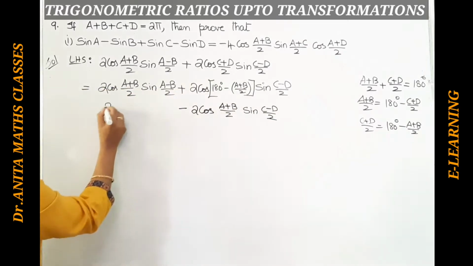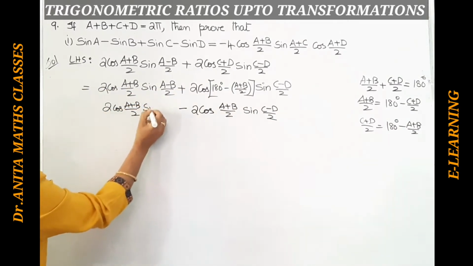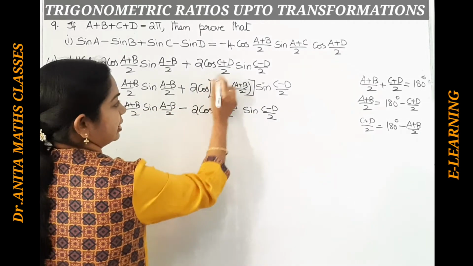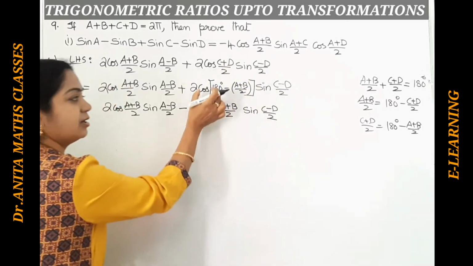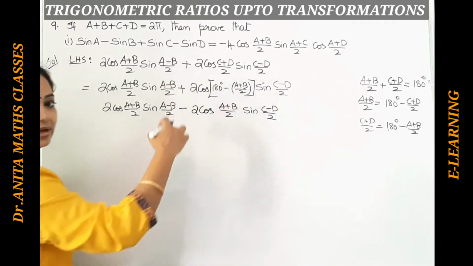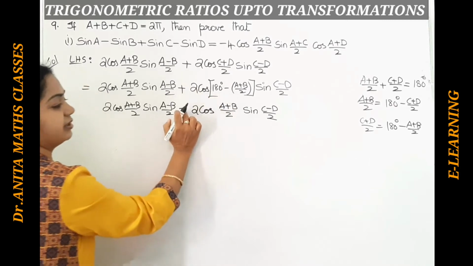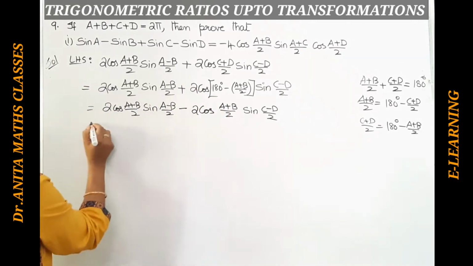Here as it is 2 cos A plus B by 2, here we have just 180. C plus D I have written as 180 minus A plus B by 2. Again cos of 180 minus is just cos only, and this lies in the second quadrant. In the second quadrant, cos is negative, so I have taken the negative sign. Now we will take 2 cos A plus B by 2 common here.